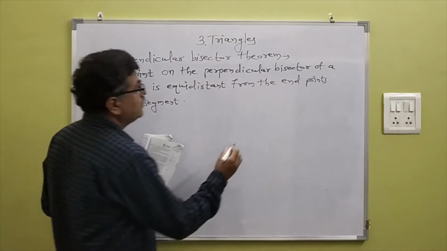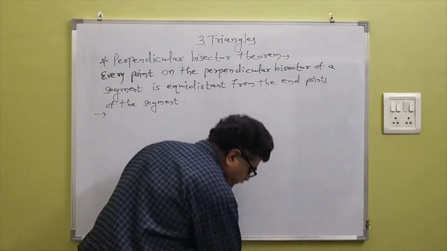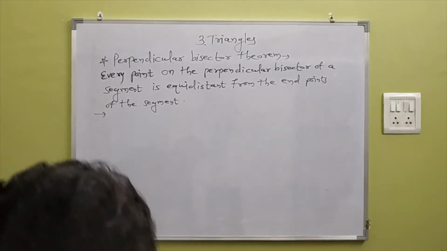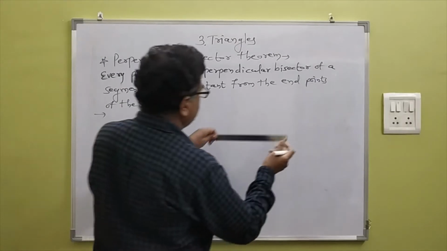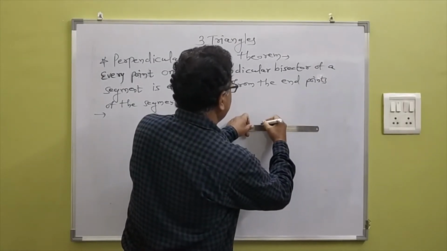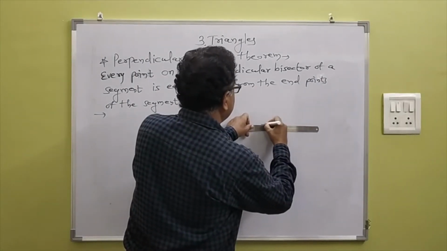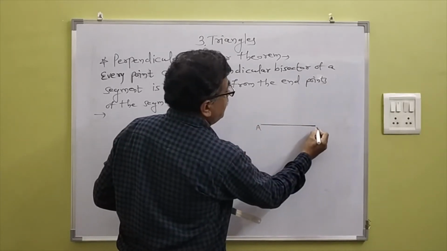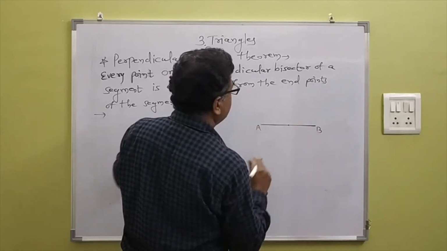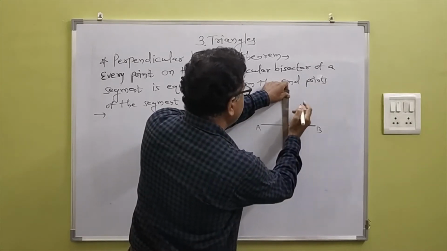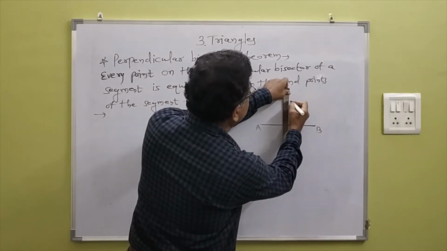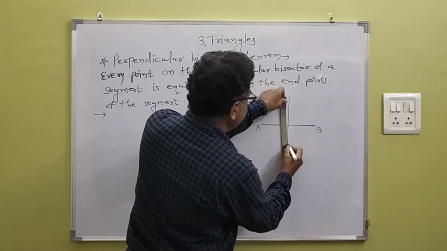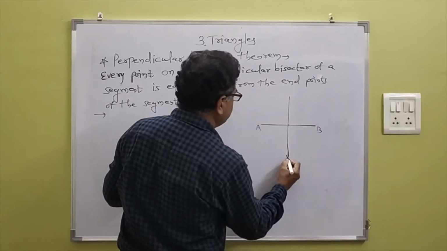Now we have given a figure. AB is a segment. Its perpendicular bisector L is its perpendicular bisector.